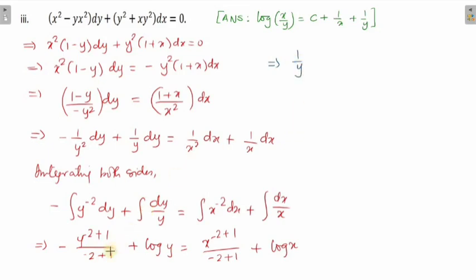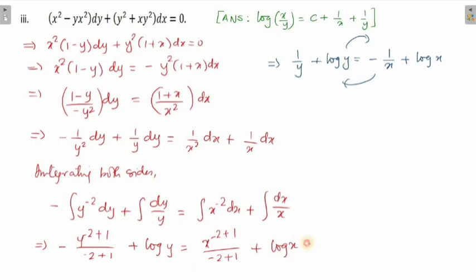Yes. Plus we have log y is equal to, similarly this can be written as minus 1 by x plus log x. Okay, so bring it out here, and one more thing that you can do here is put a constant of integration.